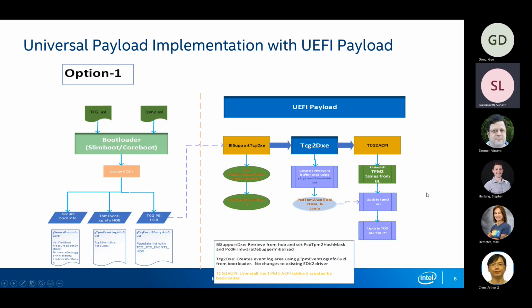With the existing UEFI payload, or universal payload using the UEFI payload and Slim Bootloader. This diagram depicts how the information gets passed from the bootloader to the payload. In Slim Bootloader, we update two ACPI table files: one is the base TPM information and one is the information for the physical presence requirements.